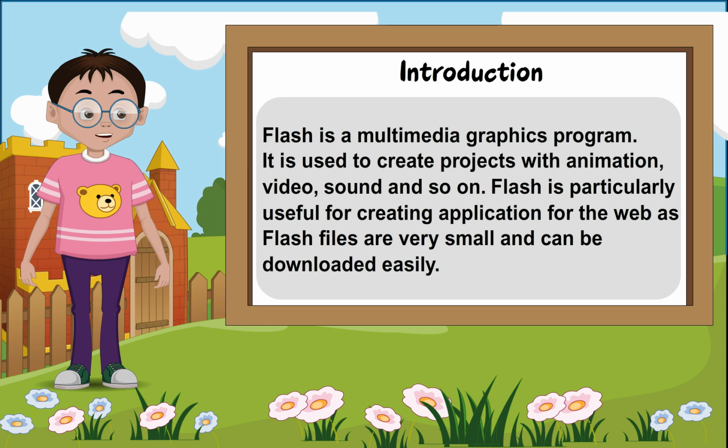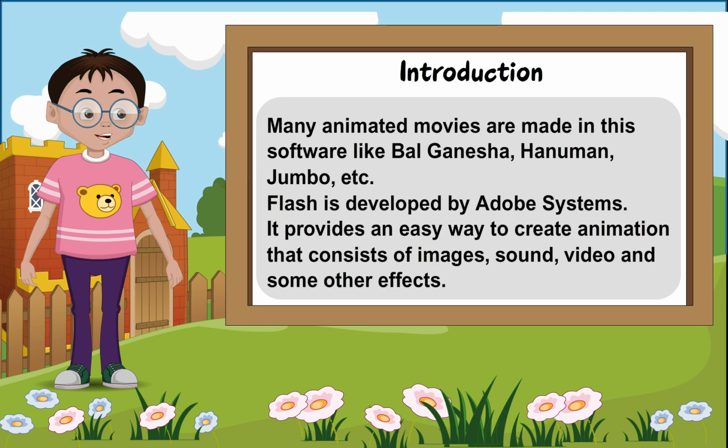Flash is particularly useful for creating applications for the web, as Flash files are very small and can be downloaded easily. Many animated movies are made in this software, like Bal Ganesh, Hanuman, Jumbo, etc.